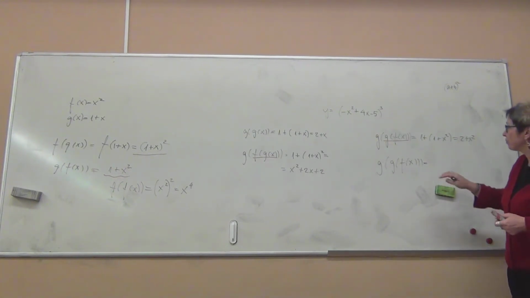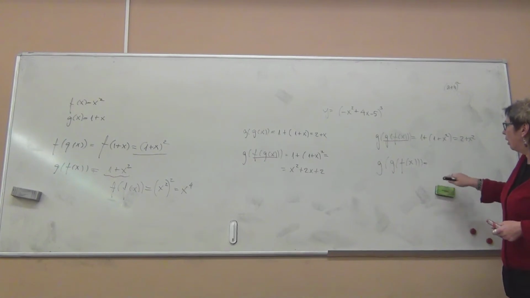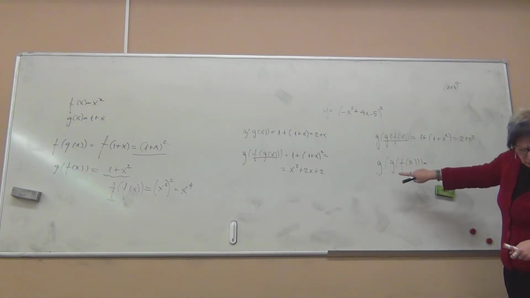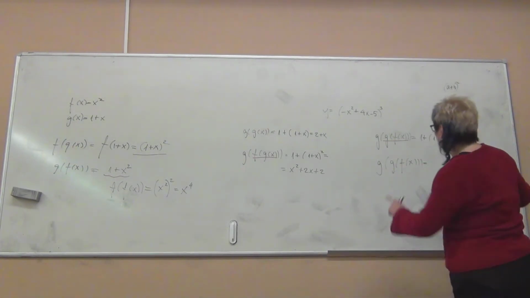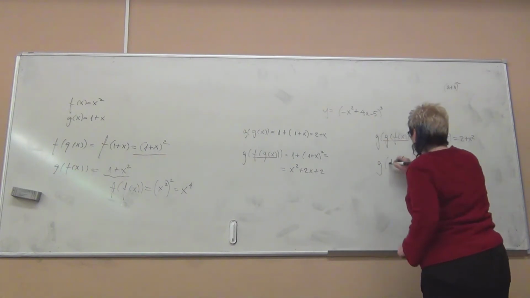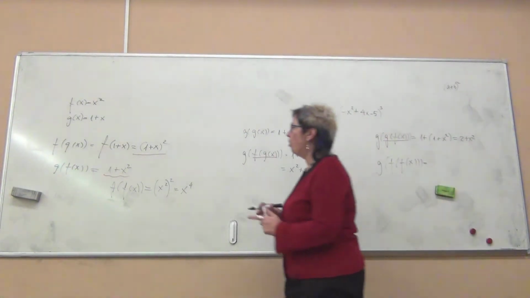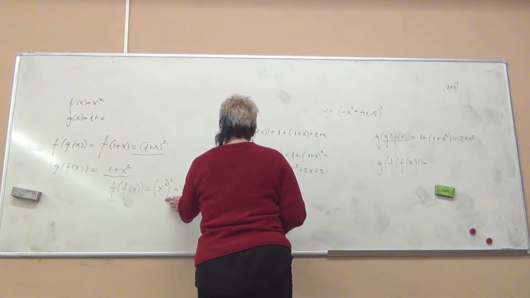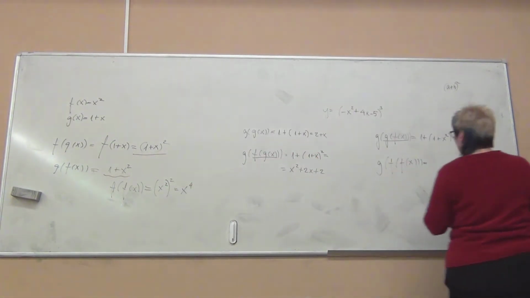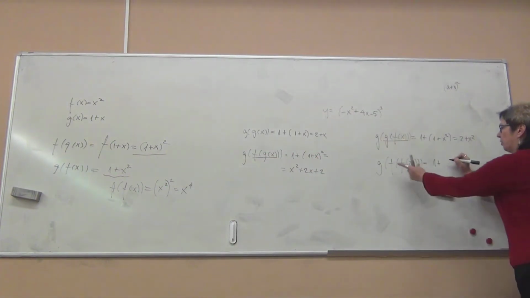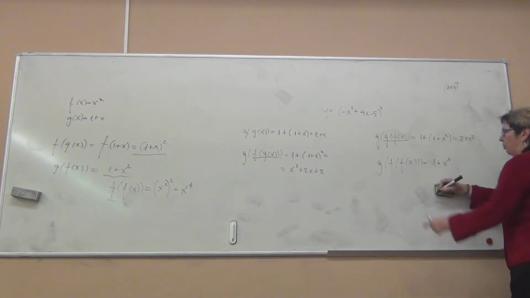G of f of f: f of f is this, and g is adding 1. So 1 plus this, but this is x to the 4th, so it will be 1 plus x to the 4th.